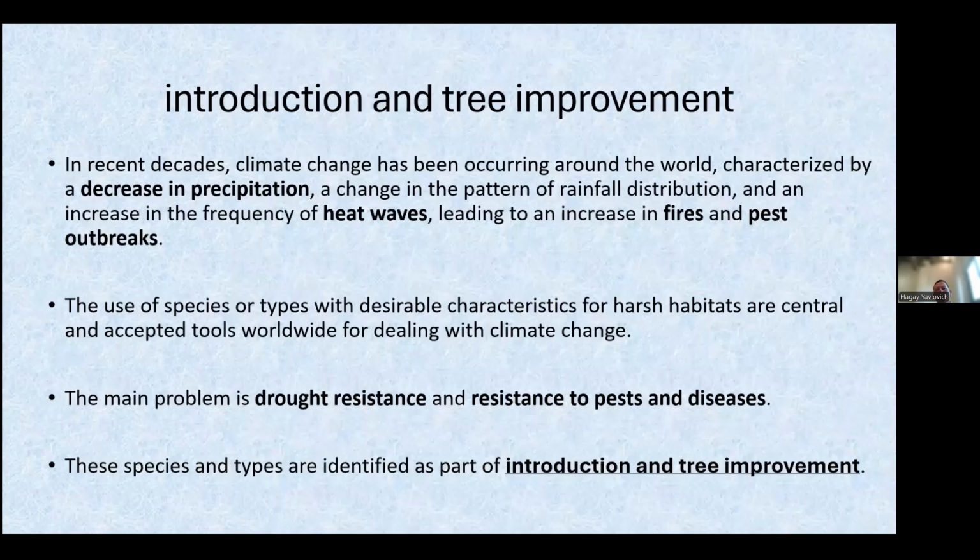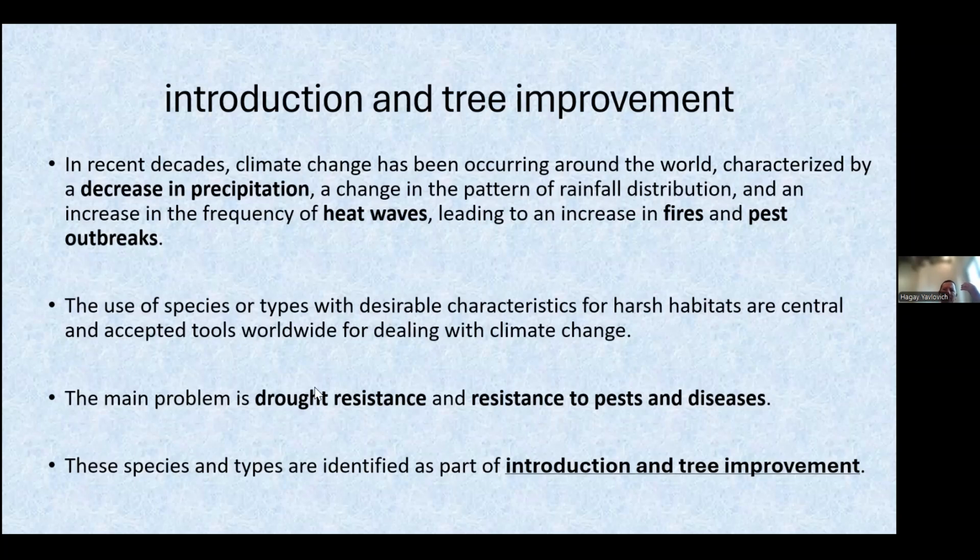Now we will talk just a little bit about introduction and tree improvement, because today we have a lot of problems with climate change and decrease in precipitation, and we have heat waves and fires and pests and so on, and we want to have trees that can overcome these problems.